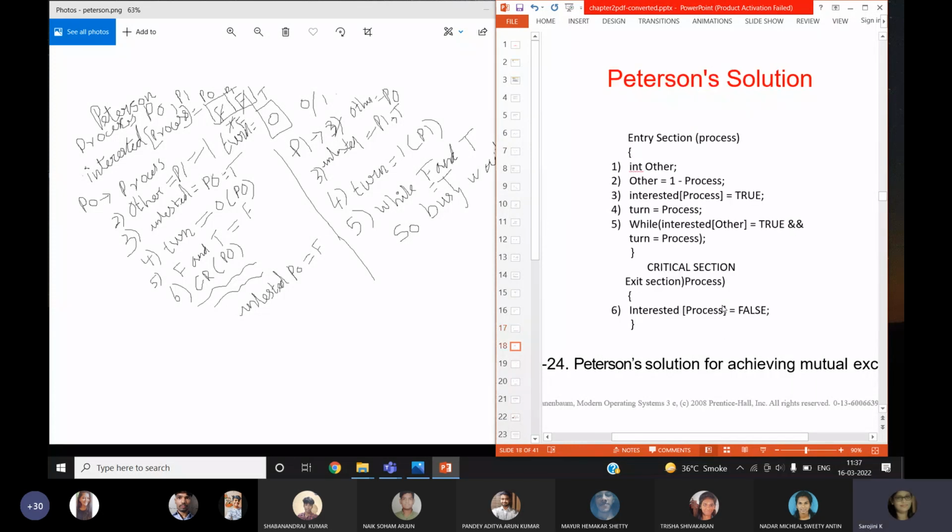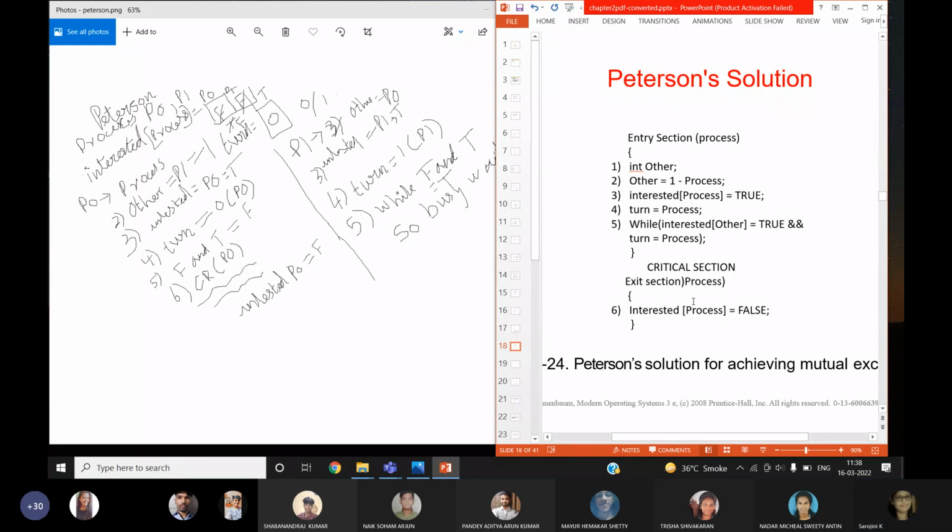Then we have another solution to achieve mutual exclusion, which is called the Peterson solution. The Peterson solution suggests a single algorithm, but this can also be used by two processes.